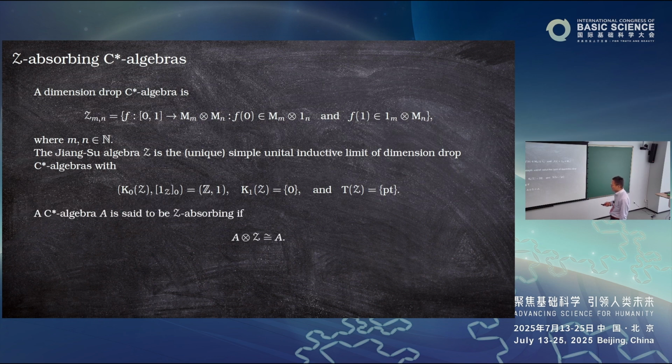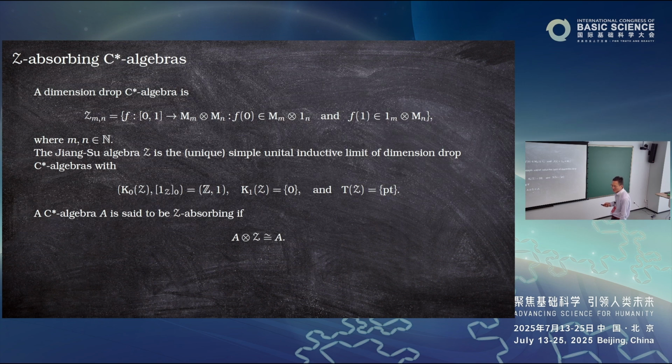And then a C-star algebra A is said to be Z-absorbing if A tensor Z is isomorphic to A. You may ask why we look at such a thing. As I said, the K-theory of Z is isomorphic to that of the complex numbers C. If you calculate the invariant of A tensor Z, it's like you are looking at A tensor the complex numbers C. It will change nothing.